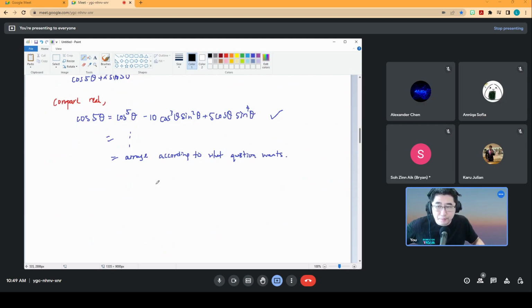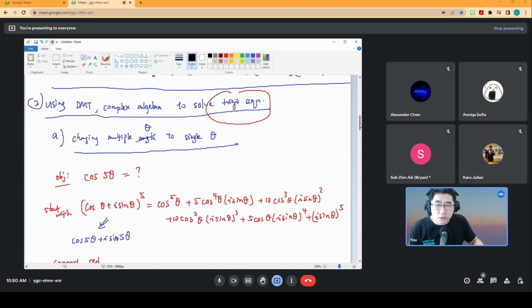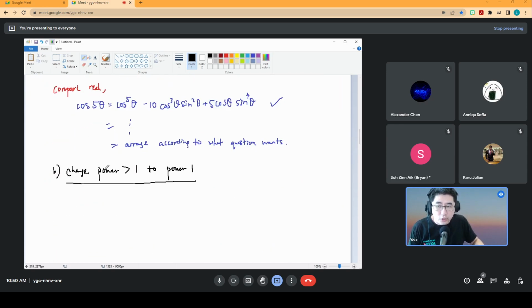Type B, change power more than 1 to power 1. The first one is change multiple theta to a single theta. This is number 2, changing power more than 1 to power 1.